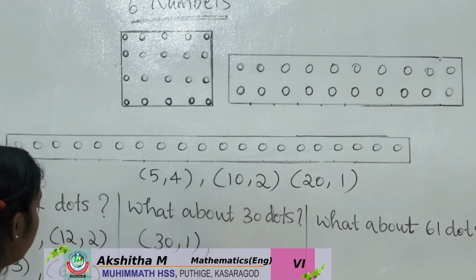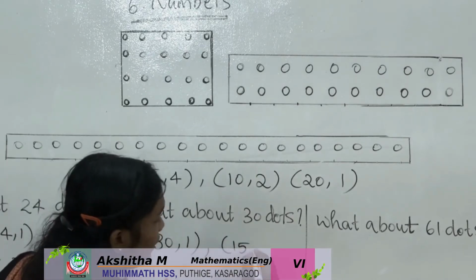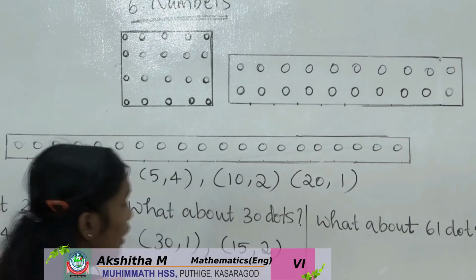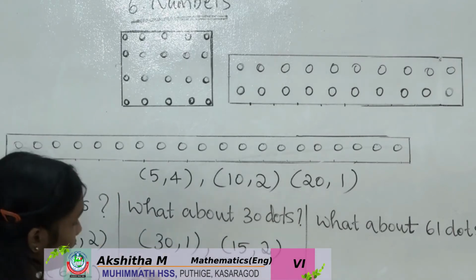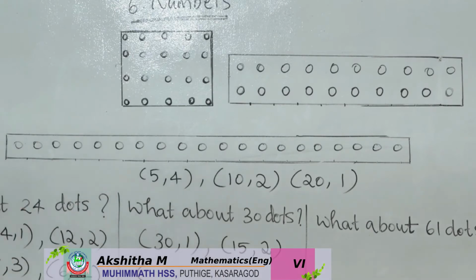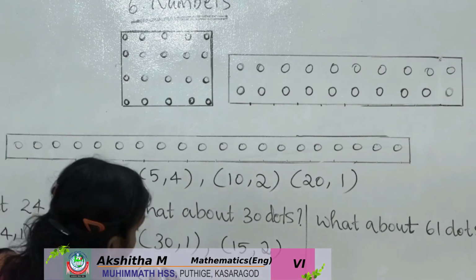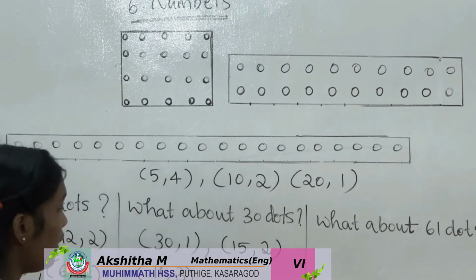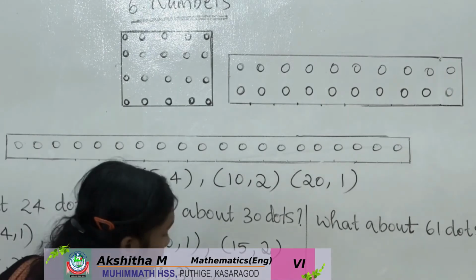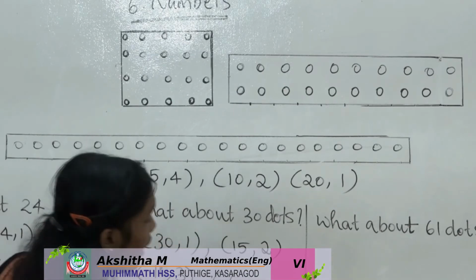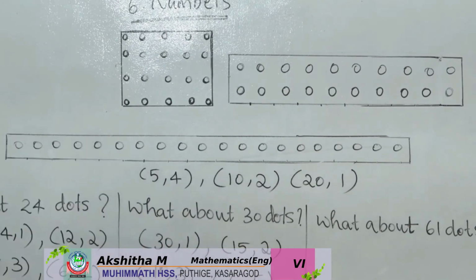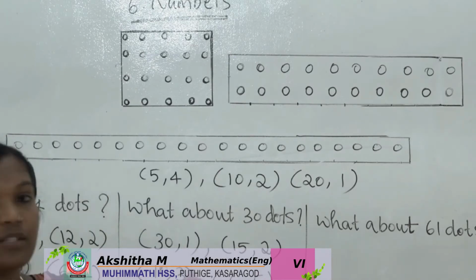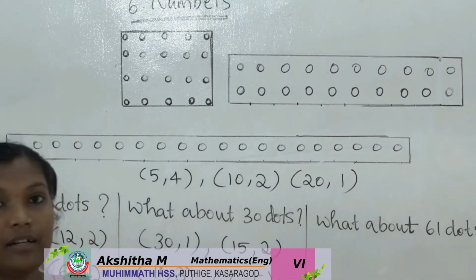Then 15 dots wide, 2 dots high, and the next, 10 dots wide and 3 dots high, and the next one, 6 dots wide and 5 dots high. Like this we can make different types of rectangles with 30 dots.